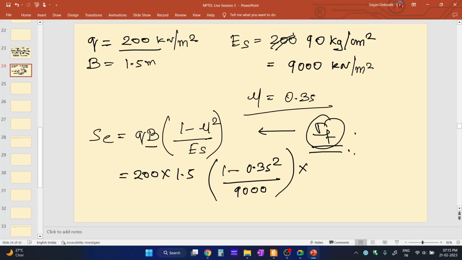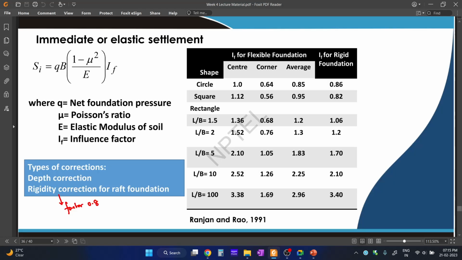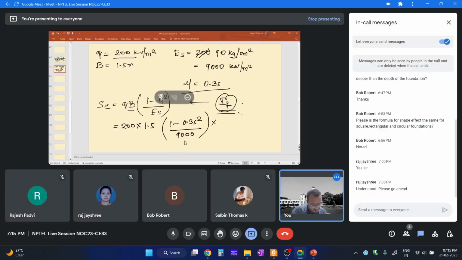But if the foundation is rigid, we will incorporate the influence factor for the flexible foundation at the center, and after that we will incorporate the influence factor for the rigid foundation, which is 0.8. I will show it. I am sharing a table.